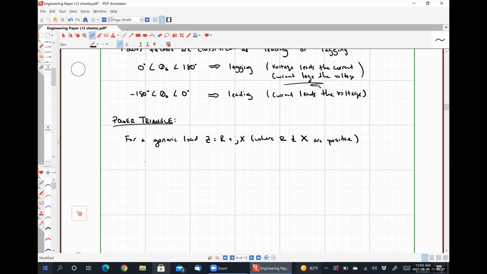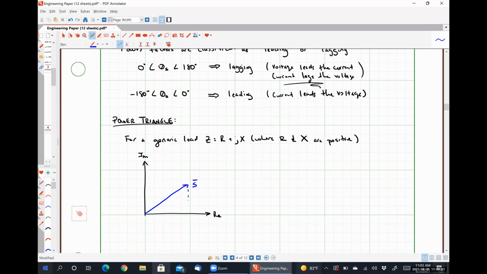The complex power absorbed by that load might look something like this. So here is our imaginary axis. Here is our real axis. And our complex power S is just a vector on that complex plane.